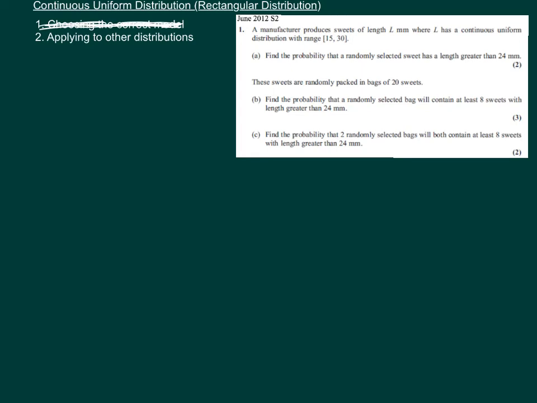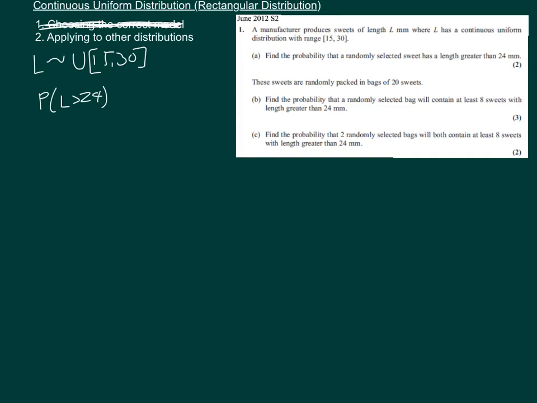So I'm going to write down that information. L has a uniform distribution 15 to 30, and we're asked to find the probability that the randomly selected sweet has a length greater than 24 millimeters. So we're asked to find the probability that L is greater than 24.